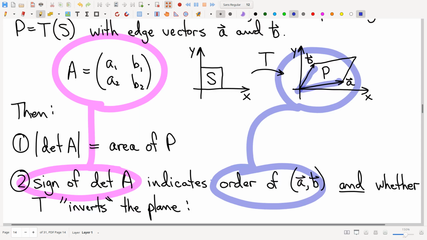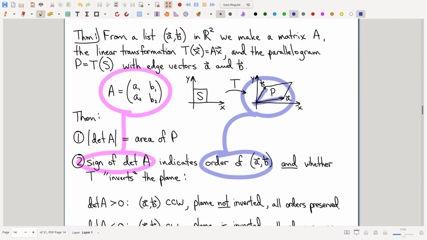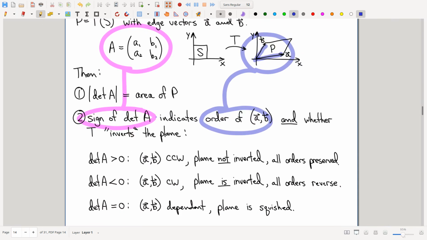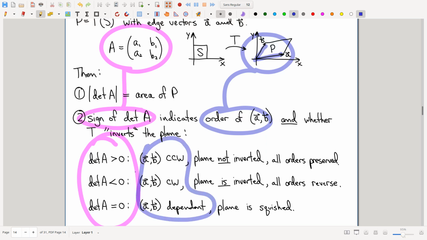And the geometric feature of whether this is clockwise or counterclockwise is visible in the algebraic, just the sign of the determinant of the resulting matrix. And again, really unexpected, seemingly really different kinds of ideas, but this indicates that. Specifically, the correspondence is that if the determinant is positive, negative, or 0, that corresponds to the list being counterclockwise, clockwise, or dependent. And that's a really cool fact.